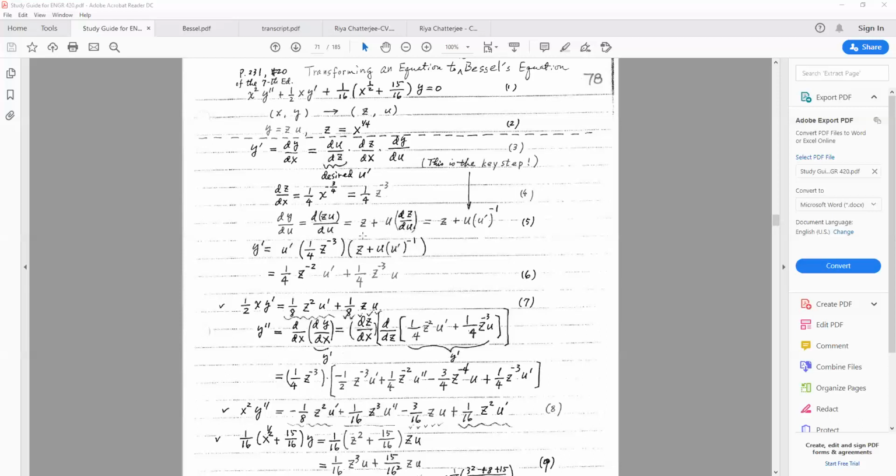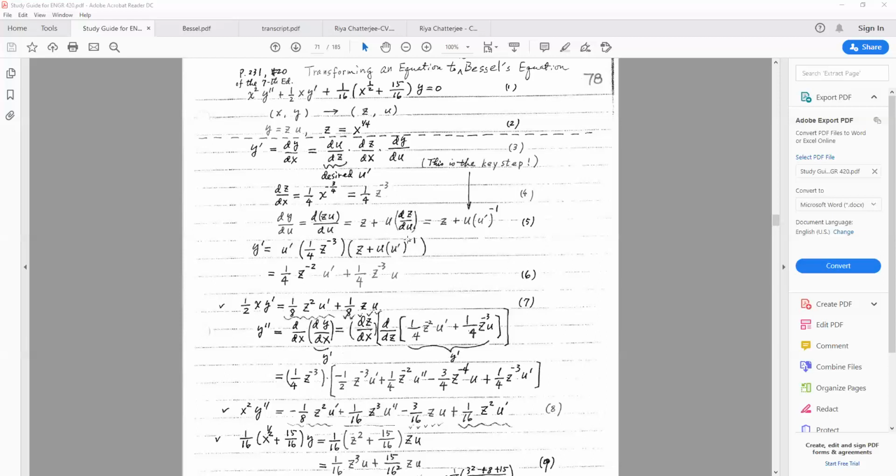Notice for the first term, we keep z constant and take the derivative of u with respect to u. We get 1. And for the second term, we take the derivative of z with respect to u times u. That's this term.